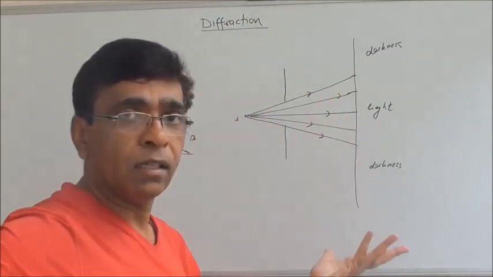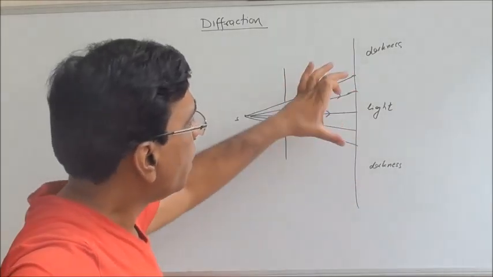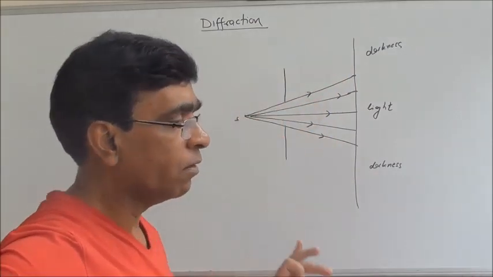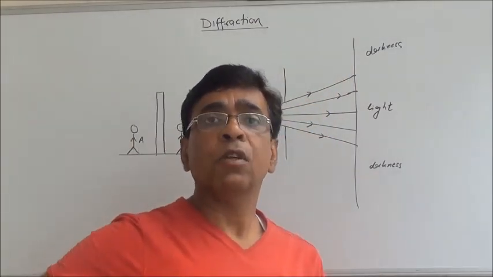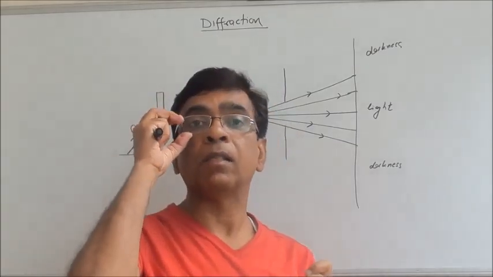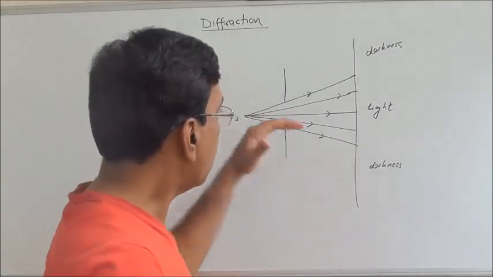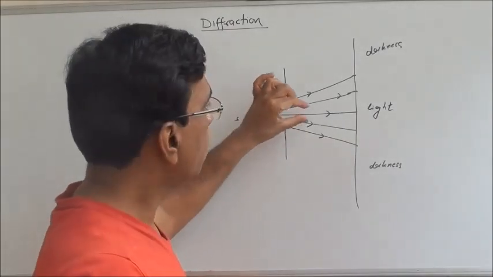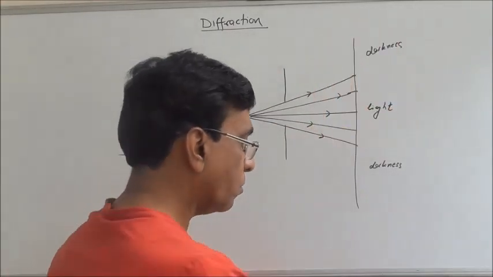For light, another thing to observe: we will see that we get maxima and minima. For that it's necessary that we have a monochromatic source of light to see sharply defined maxima and minima. Otherwise, the narrower the aperture, the more the bending.